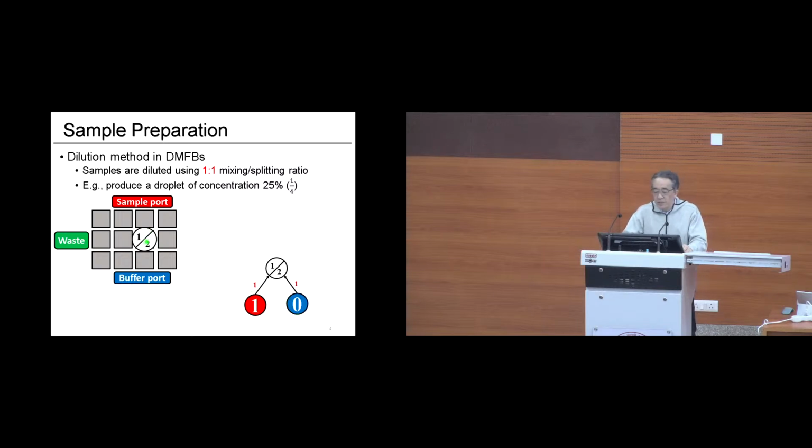And if we mix this, as I mentioned, in this device we move one droplet, and then we mix this, then we can have half ratios. And this volume becomes 2, and then we split this into 1 volumes.